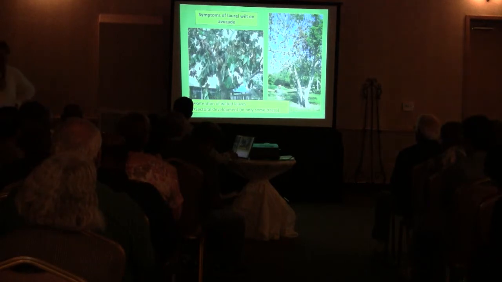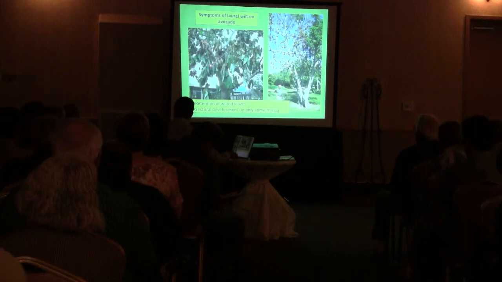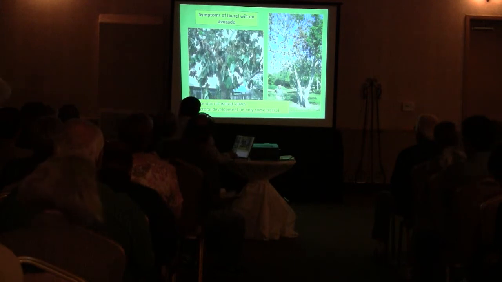What are the symptoms of laurel wilt on avocado? Initially, you'll have this very quick wilting, and seeing these branches here, the leaves will become kind of an ashen gray, or kind of an oily gray, before they become completely dried out. Avocado will, unlike redbay, hold its dead leaves for about 2 months.